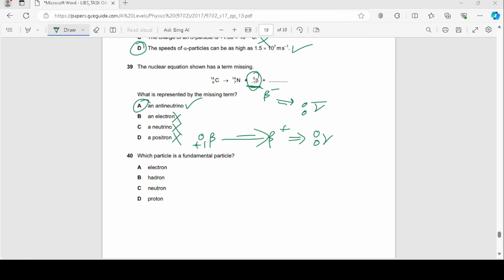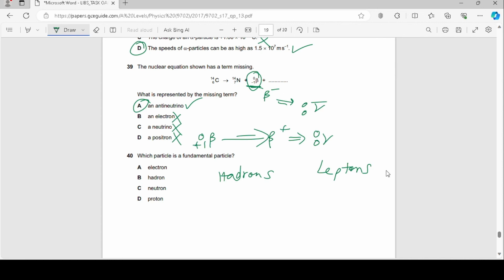Then we have finally the last question. So which particle is a fundamental particle? So we have electron, hadron, neutron, and lepton. So the families of particles, there are, I guess, two main families, at least that I know of, which are hadrons and leptons. So leptons literally means light in mass, whereas hadrons means bulky or heavy in mass.